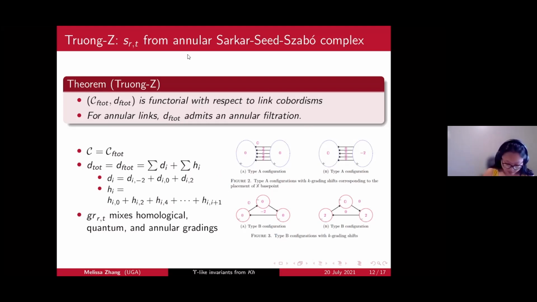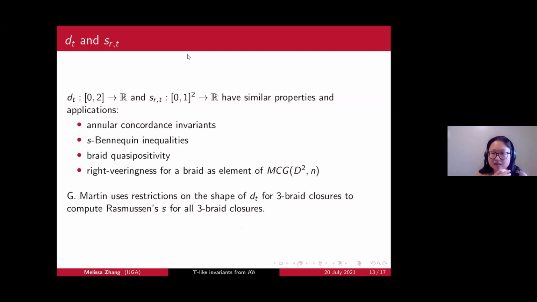And if you mix the gradings properly, you can actually mix all three gradings now. So remember that Sarkar-Seed-Szabo already were mixing the homological and quantum grading. So here we're mixing three different things, which leads us to an invariant SRT from this square to R. The Grigsby-Licata-Wehrli invariant and my invariant with Lin Truong have similar properties.